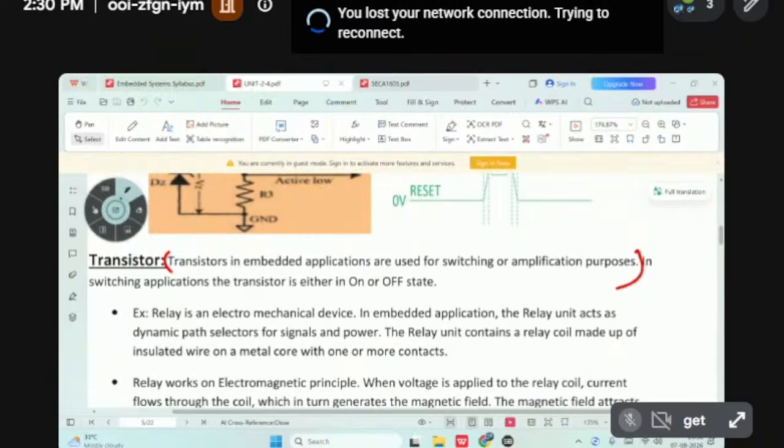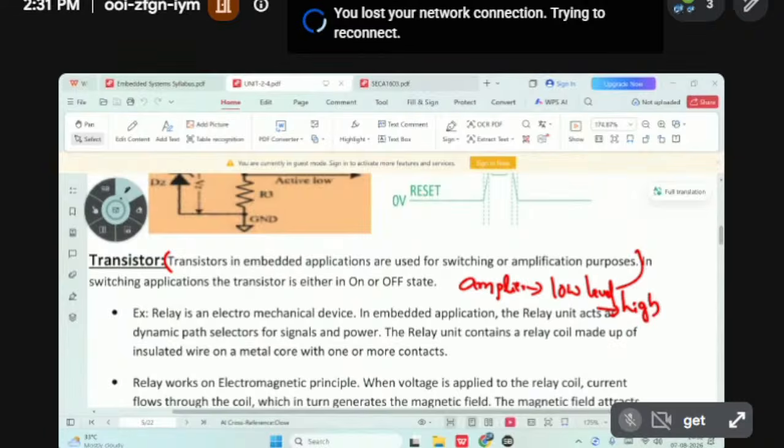With the help of amplifiers, I would like to convert from the low level energy to the high level energy. So that's why amplifiers may also be called regenerators.